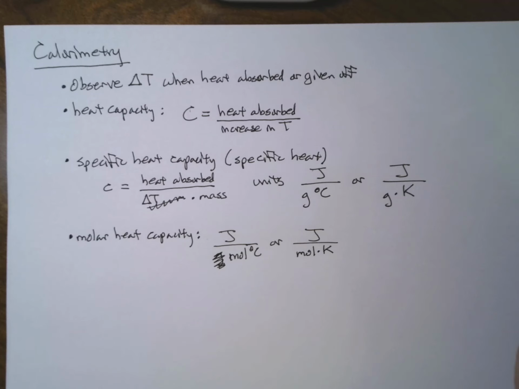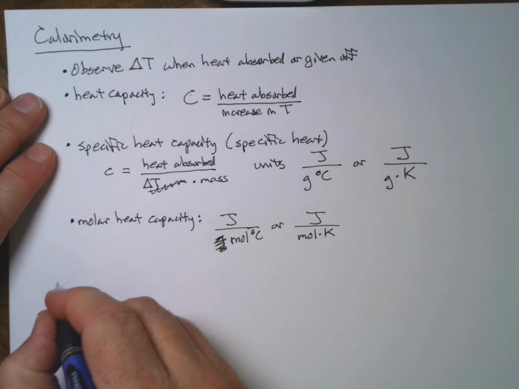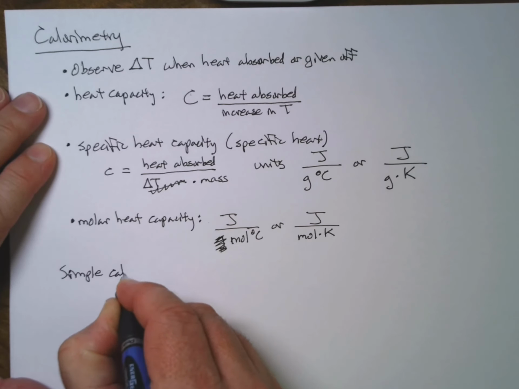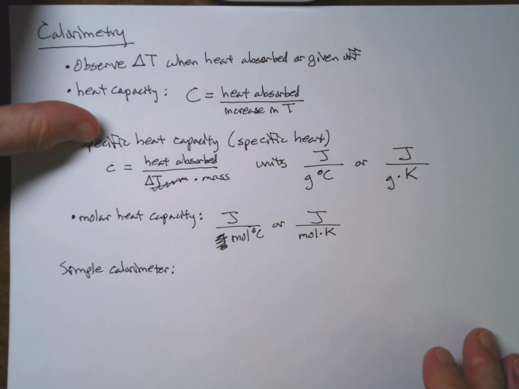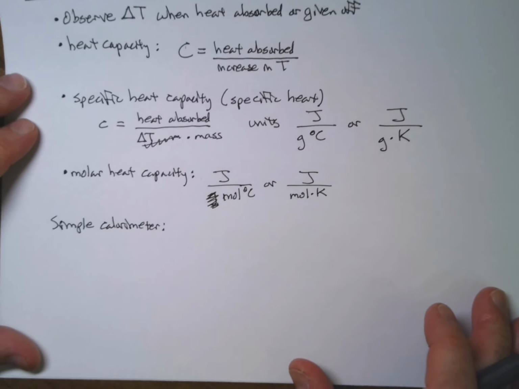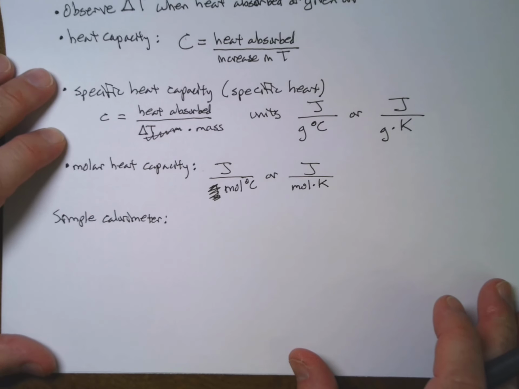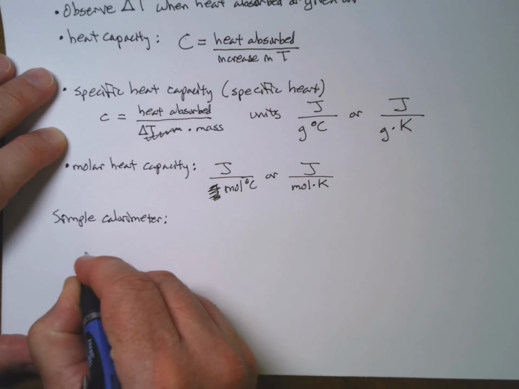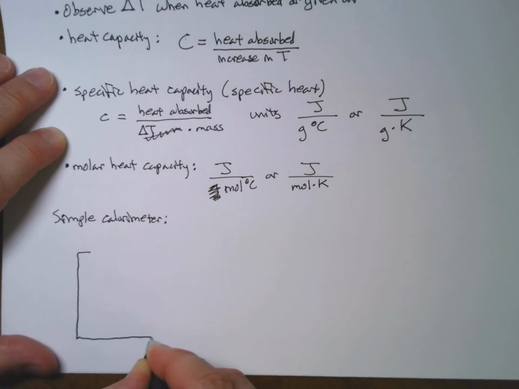So we can make a simple calorimeter. I talked about this a little bit in lab. You guys get to do stuff with simple calorimeters in lab. So we'll go ahead and have some kind of insulating cup.